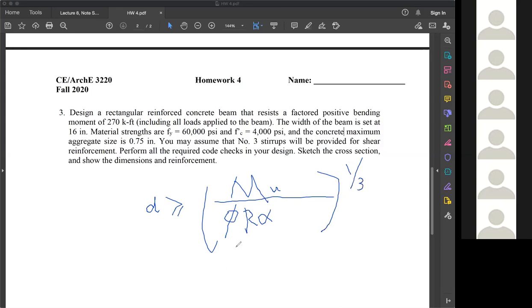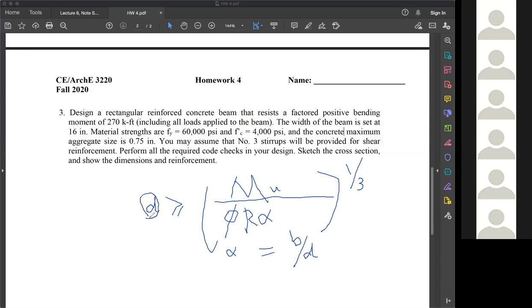In this case, alpha equals d over b, which is 16 inches, divided by d. So this is the equation you use to determine d.